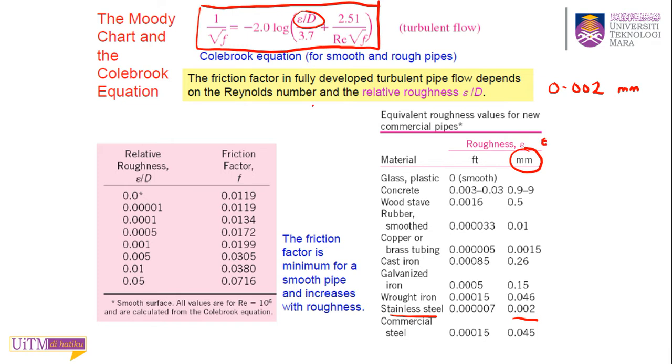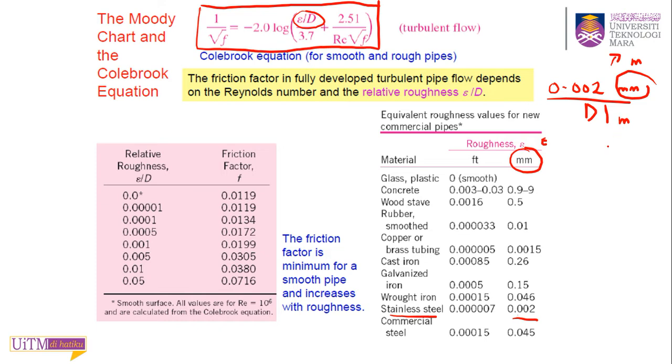To find your relative roughness, sigma over D, you need to divide this by the diameter of the pipe. Normally the diameter will be given in the question. Let's say for example the stainless steel pipe here is 1 meter. Before you divide, you need to change this millimeter to meter, of course, because the given diameter is in meter.